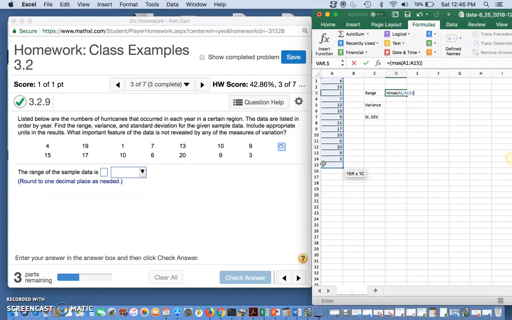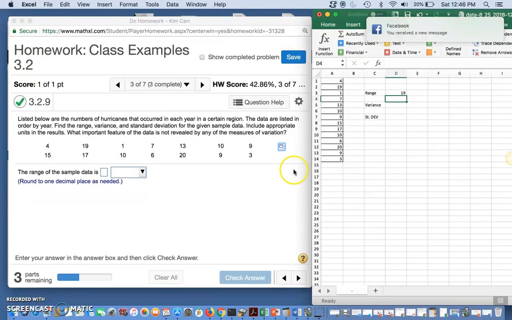That was just the max, but I actually want the range. So I'm going to go up here and subtract the minimum of that same group. Okay, what did I get? 19.